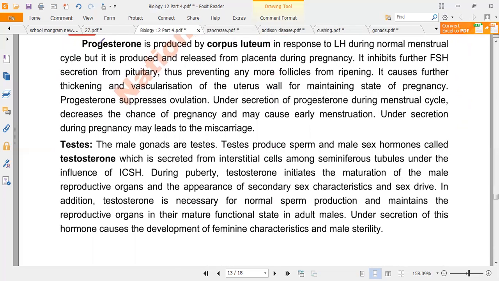Progesterone is another hormone, which is released after the Graafian follicle ruptures and the egg is released. The corpus luteum is formed then, becoming yellowish in color, under the influence of luteinizing hormone. In the normal menstrual cycle it is released from the corpus luteum, but during pregnancy it is also produced and released from the placenta.